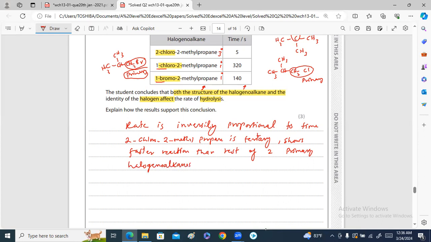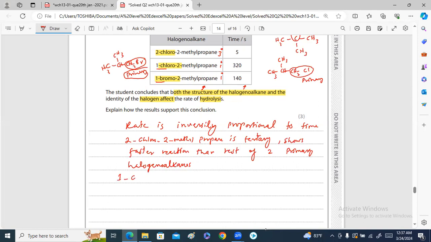Generally, tertiary halogenoalkanes show a quicker reaction compared to primary, but the rest of the two structures are primary. So we can differentiate these two structures on the strength of the C-X bond. 1-chloro-2-methylpropane takes more time, and 1-bromo-2-methylpropane takes less time. So if it takes more time, the C-X bond is strong.